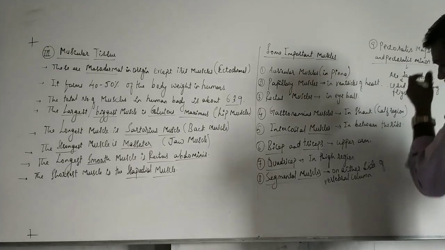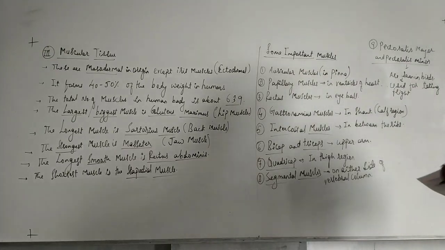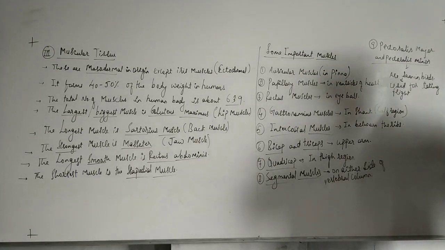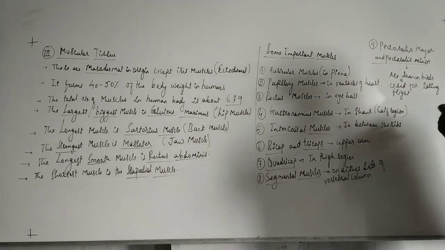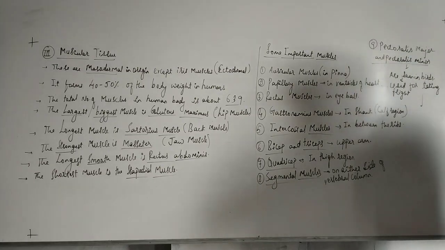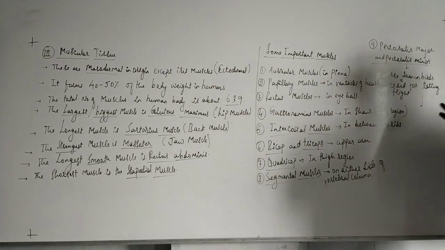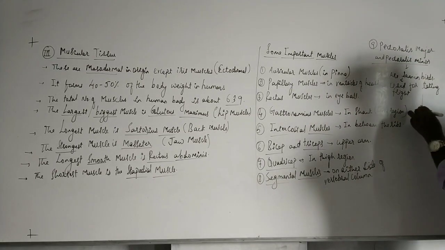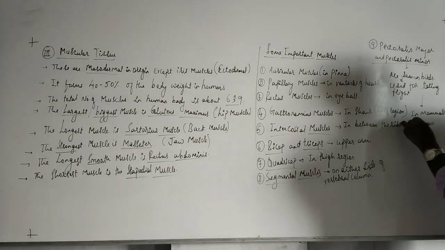That means to fly. So birds, when they fly, they consist of such type of muscles. Apart from that, in humans, they are found in the chest region. Not only in humans, but in most mammals, they are found in the chest region.